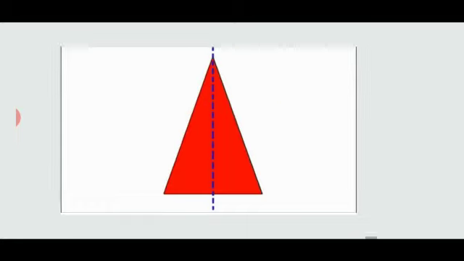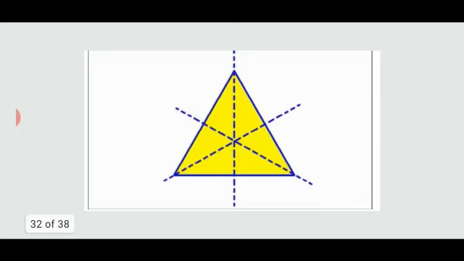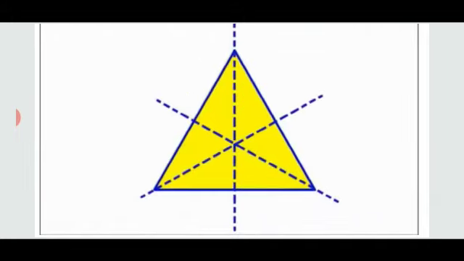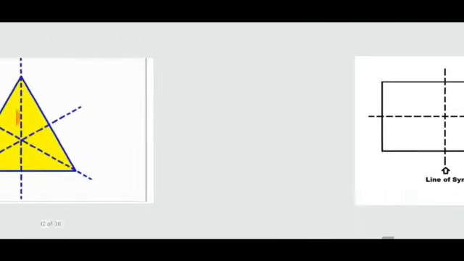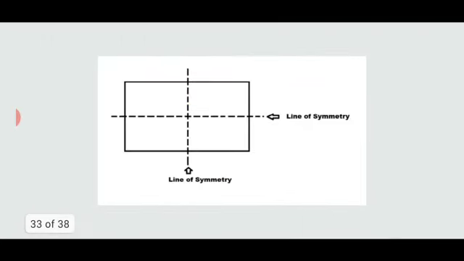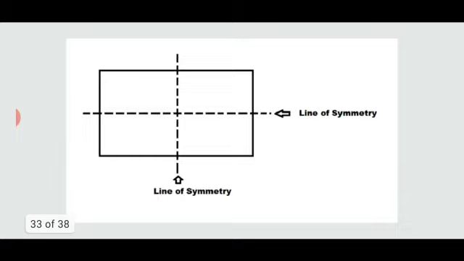Look at this triangle. It has three equal sides, named equilateral triangle. Three equal sides means it has three lines of symmetry. Look at this shape, rectangle. It can be divided into two equal halves, having two lines of symmetry.